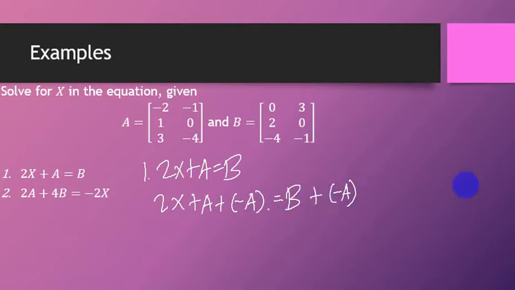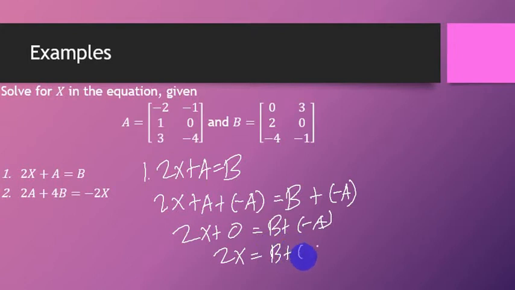That is because if this becomes a 0 matrix, let's write that 2x plus 0. Since these are all 3 by 2, this is understood to be a 3 by 2 0 matrix. B plus negative A. We know that any matrix added to a 0 matrix will just result in that actual matrix, B plus negative A. So now, to make the matrix X alone, I need to remove this 2 by multiplying both sides by 1/2.